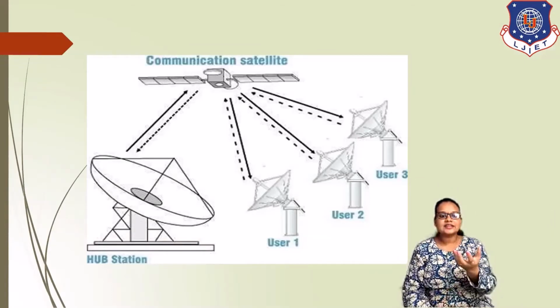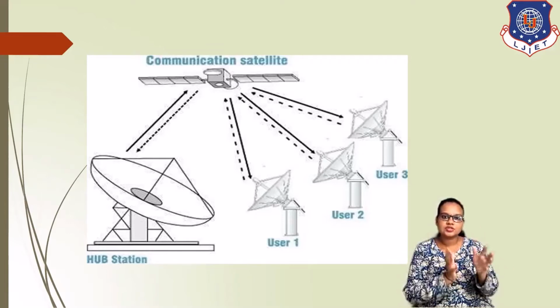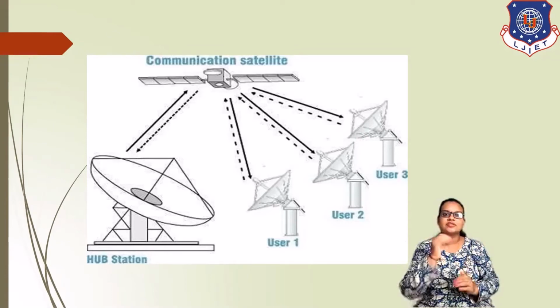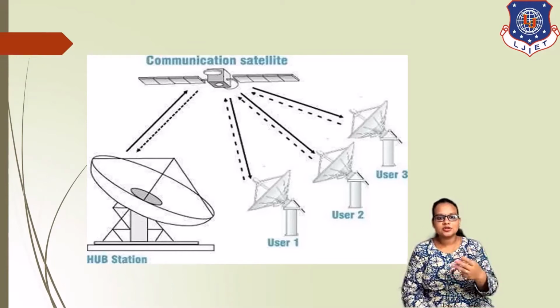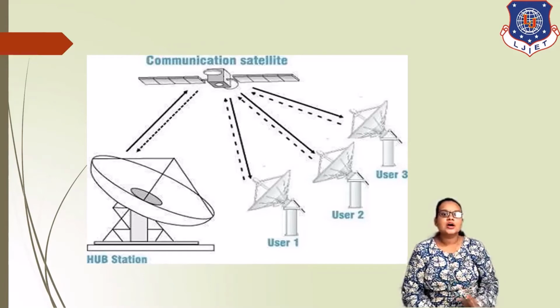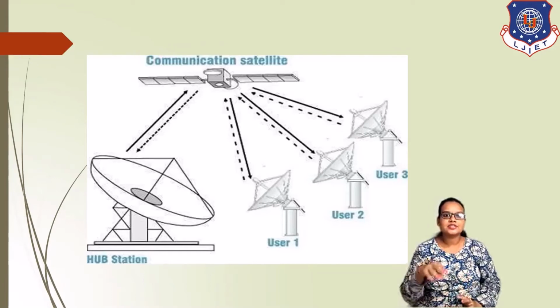There is a communication satellite in between. The whole time slot is assigned to the hub station, and it is divided into three time slots, which are given to these three users. If the three users are allocated specific time slots, then only these three users will use this TDMA system for receiving and transmitting data.